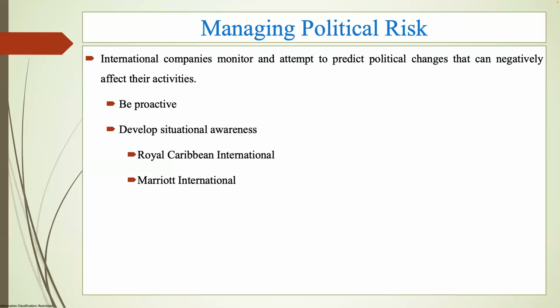International companies monitor and attempt to predict political changes that can negatively affect their activities. And they are proactive in developing situational awareness. When an international business opportunity arises in an environment plagued by extremely high risk, simply not investing in a location may be the wisest course of action.